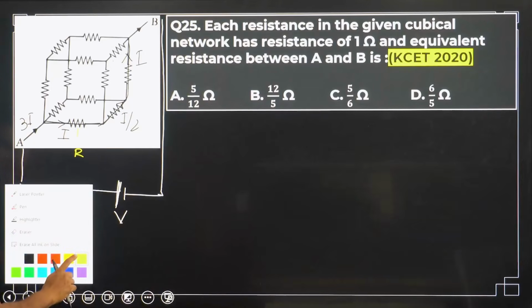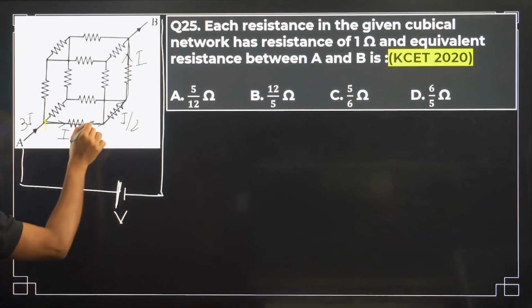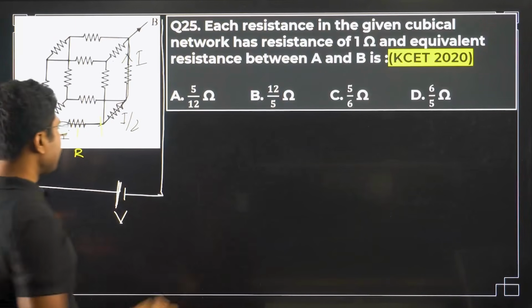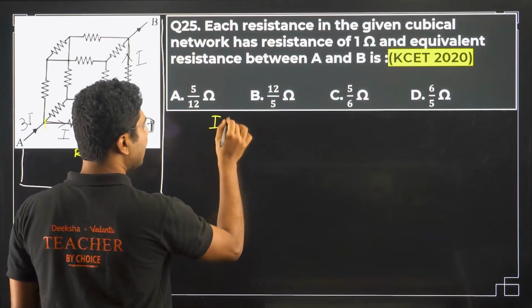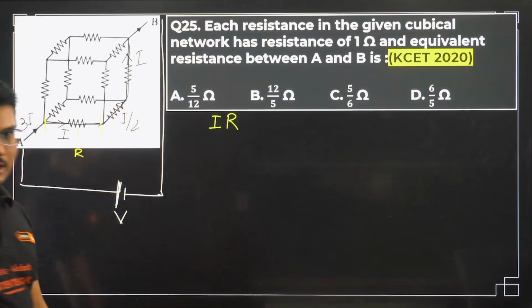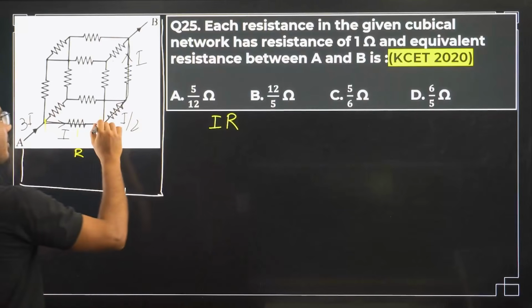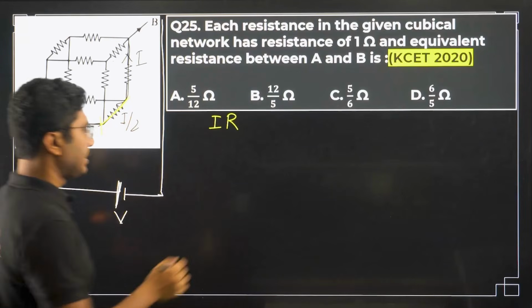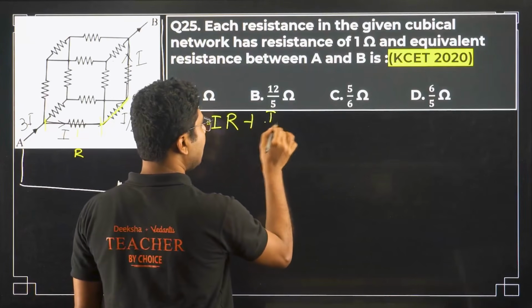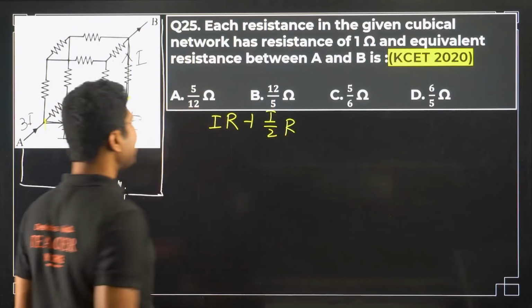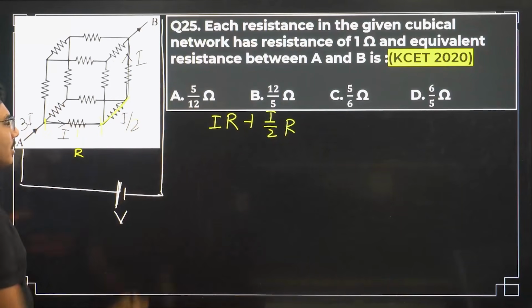Okay. So what is the voltage drop across this resistance? Voltage drop across this resistance is I into resistance, IR. What is the voltage drop across this resistance? Again I into R. Now in this case I is I by 2, right?